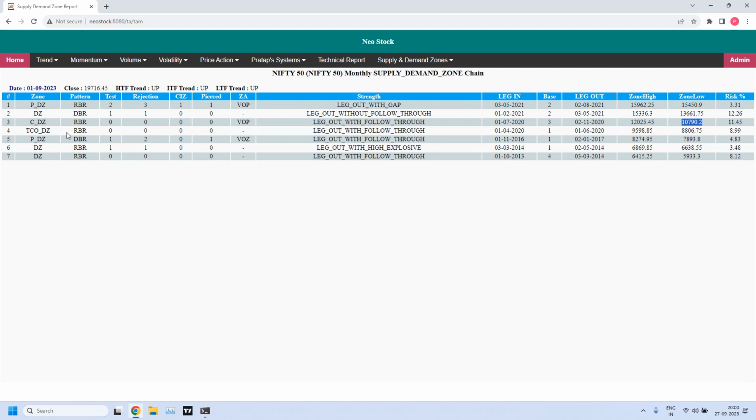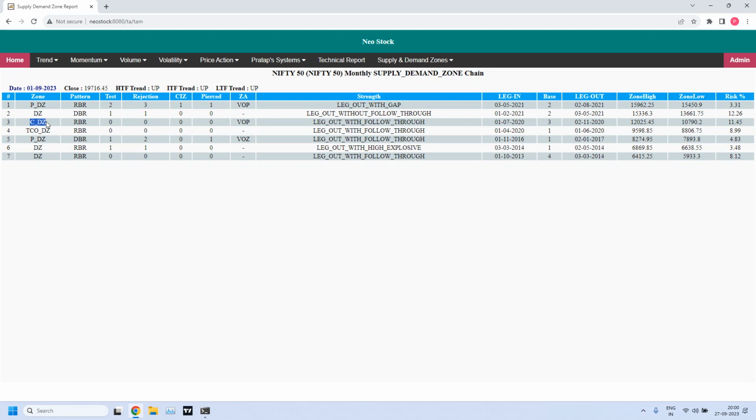That means this C underscore DZ has the ability to change the trend. And the second ability is that whatever crash is happening in the market, it stops the crash. And then slowly from there, it will change the market direction.